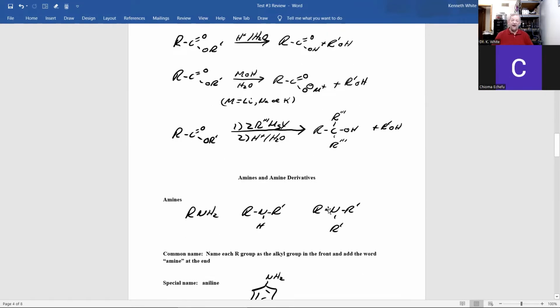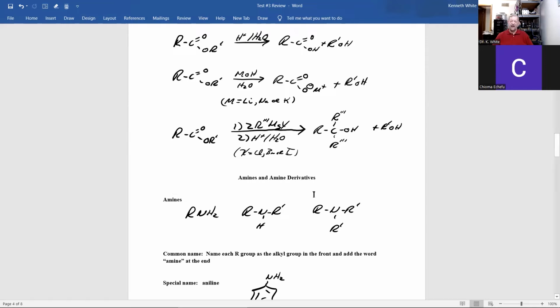Now, one of my favorite reactions is if you take an ester and react it with not one, but 2 molecules of a Grignard reagent. I didn't put it in here, I'll put it now. Where X can be chlorine, bromine, or iodine.